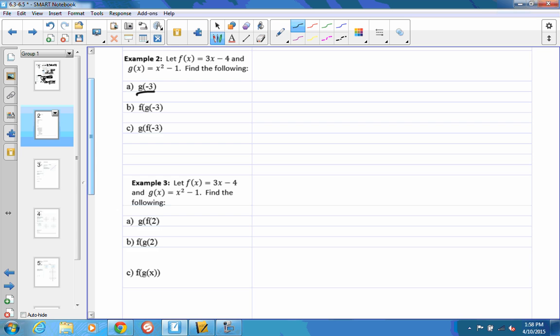So g of negative 3 equals, what's g? Negative 3 is my x. Negative 3 squared minus 1. What's negative 3 squared? 9 minus 1 is 8. Okay, nothing new there, but here we are. F of g of negative 3.